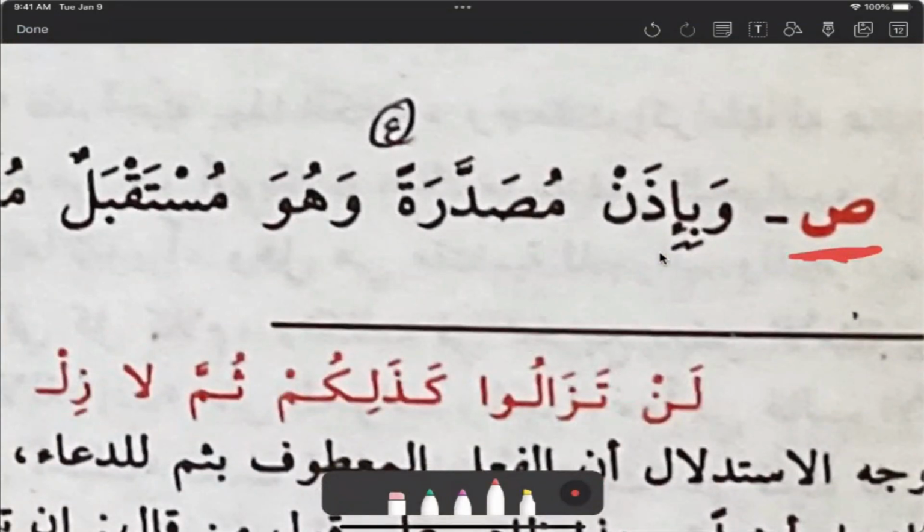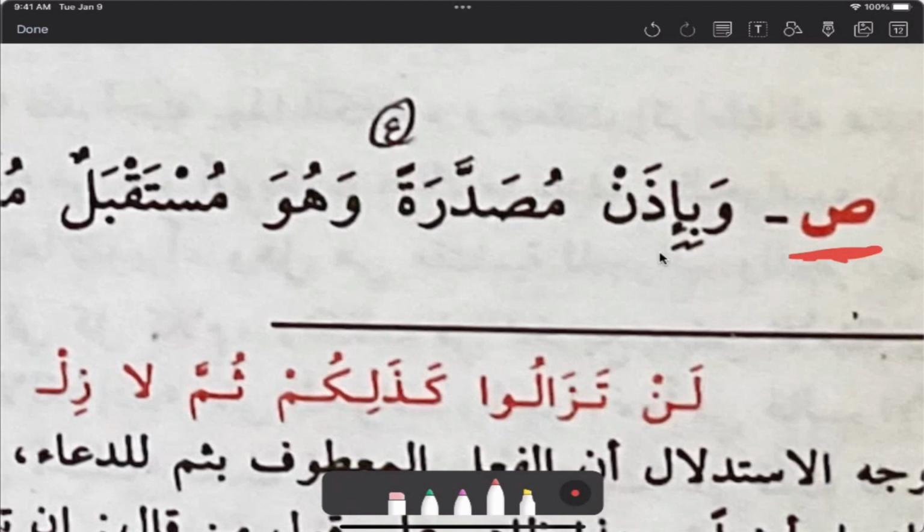But if you noticed, if it means idhan, if it means therefore, that means there should be something ahead of it, so that it could be the result. So that means there's a prior sentence, and then you're going to start a sentence by saying, idhan, therefore, or if that's the case, then, and then you talk.